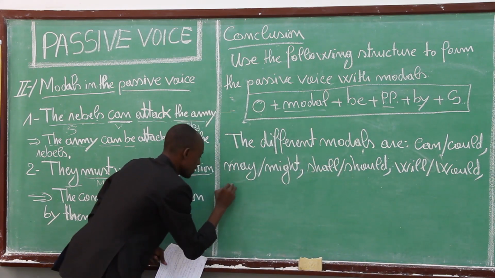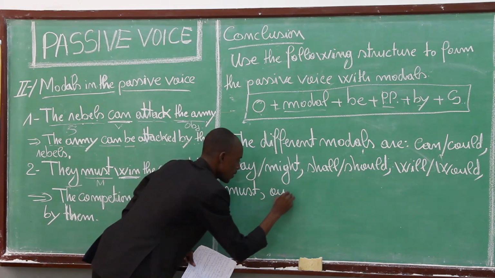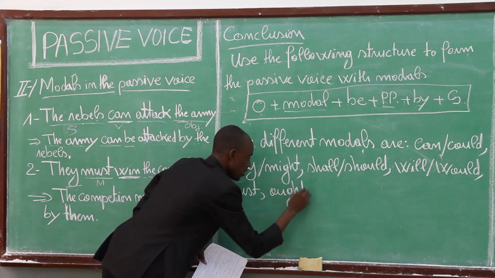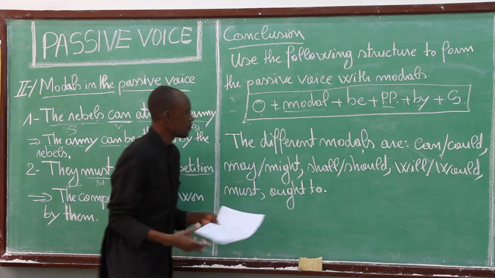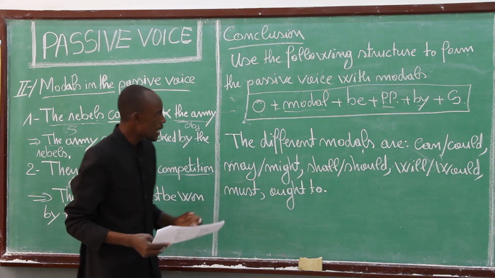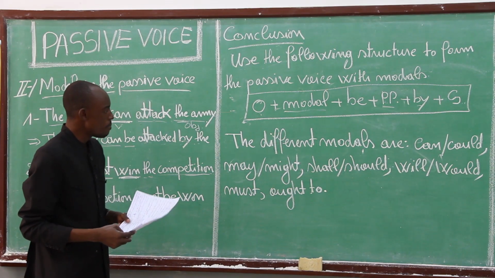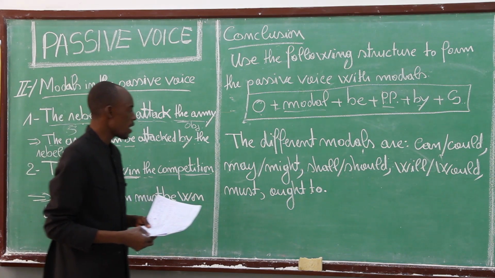We have must. We have ought to. Yes. Good. The different modals are can, could, may, might, shall or should, will, would, must, ought to.